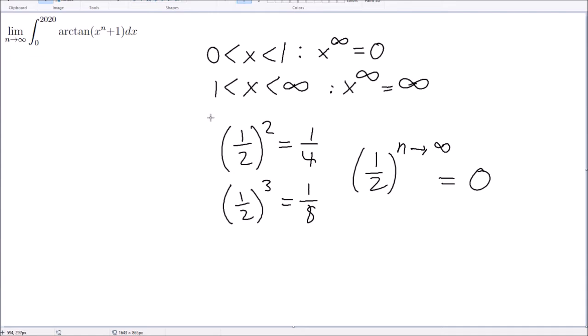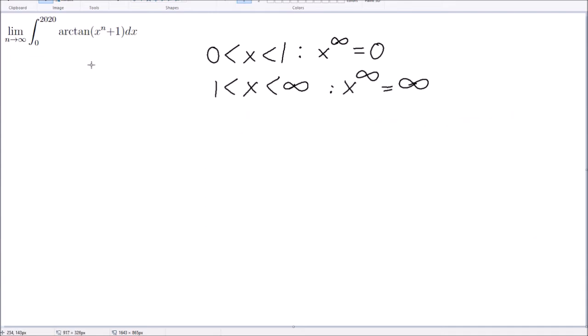That's why I say that this limit integral is technically a piecewise function, because depending on the domain, x can behave differently when n approaches infinity. If x is between 0 and 1, it's going to equal 0. If it's between 1 and infinity, then of course it's going to go to infinity.